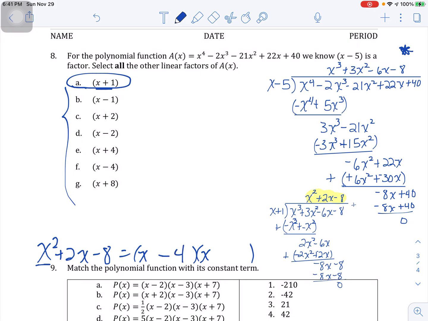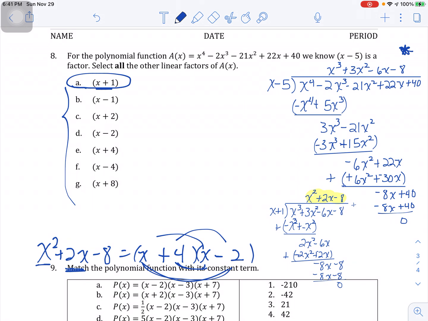So I'm going to change the 4 to positive and make the 2 negative. That way when I do x times negative 2, I get negative 2x, and 4 times x is a positive 4x, which gives me the positive 2x that I need, and then 4 times negative 2 is negative 8.